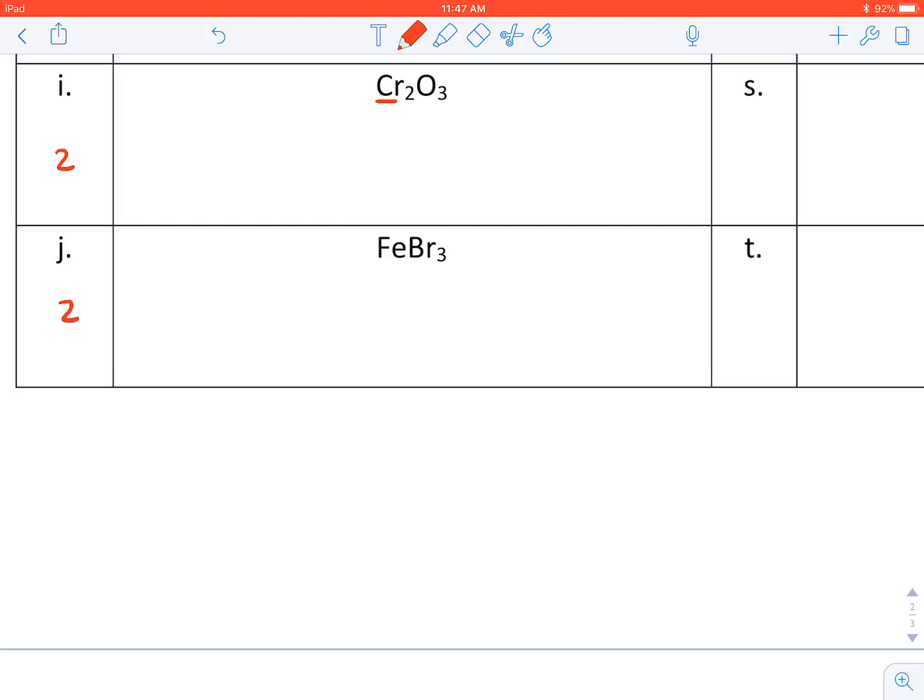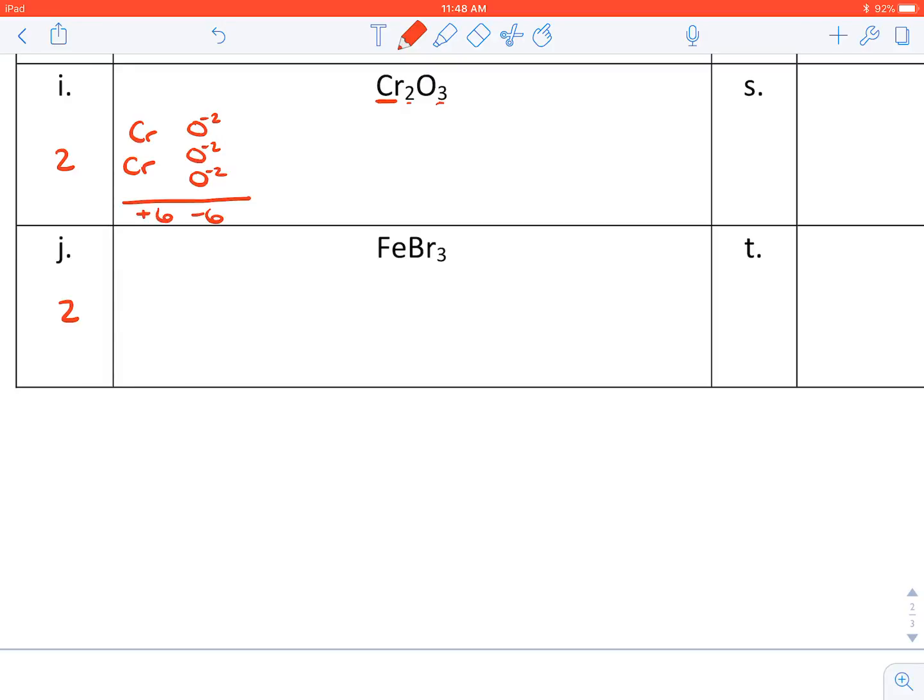We've got Cr2O3. So if we write it out, we have how many Crs? That's right, we have 2. How many O's do we have? Hopefully you said 3 because there's a 3 there, so we got 2 and 3. -2, -2, -2, which gives us -6.